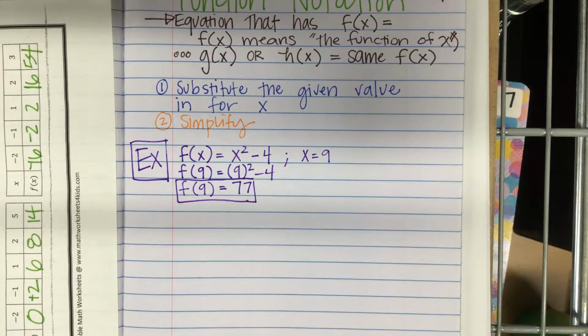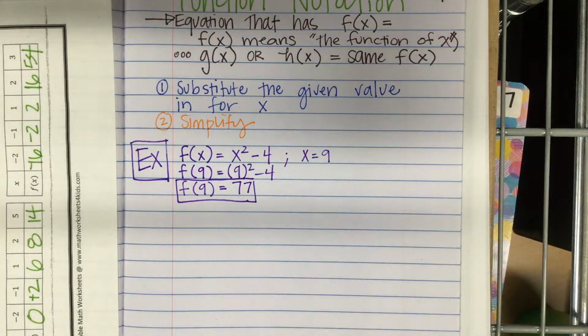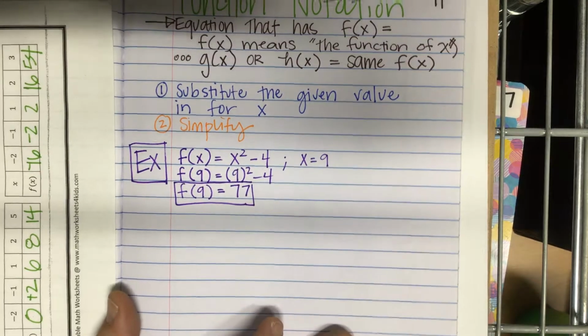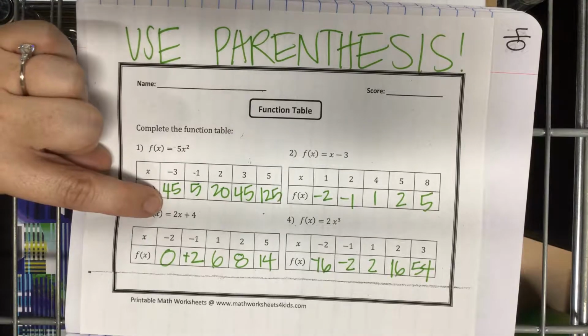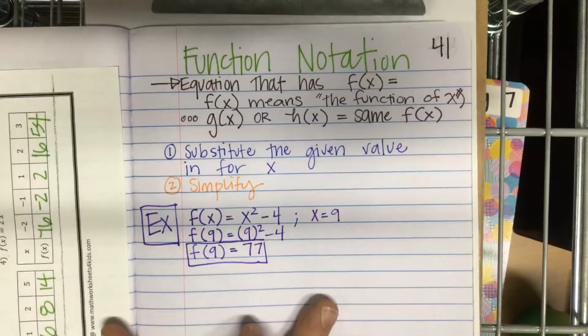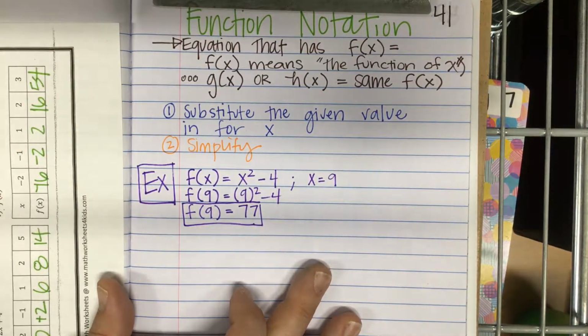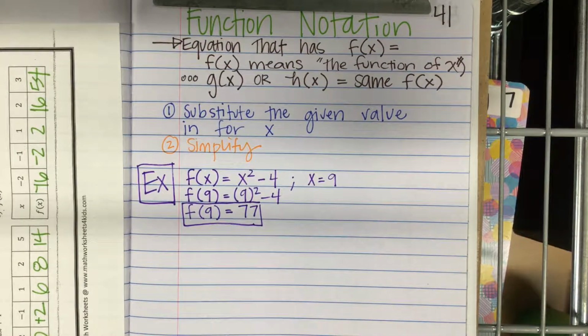This is taking input-output tables. If I put in this, I get out this, right? To the next level. It's just another way of writing input-output, another way of substituting. Let's do another one.